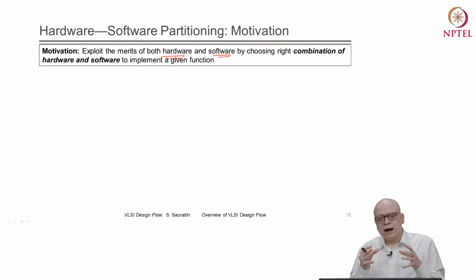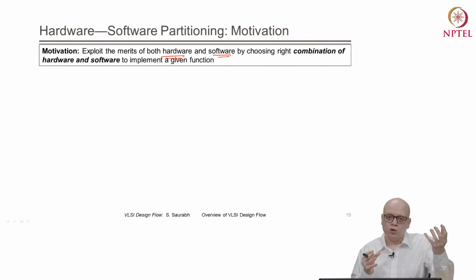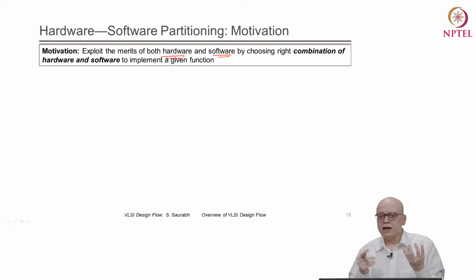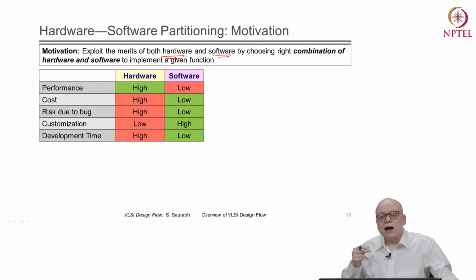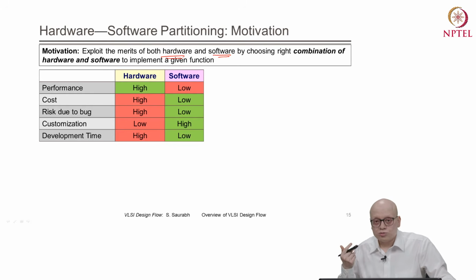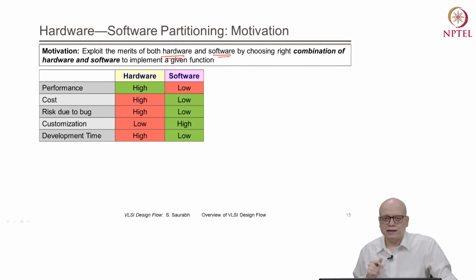When we combine hardware and software to get a system, we want the good things of hardware to be utilized in the system and the good things of software to also be utilized, and as a result we get a product of excellent quality. So what are the good things of hardware and of software? Let us understand that first.